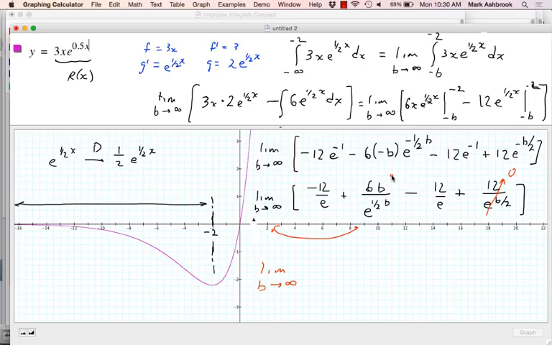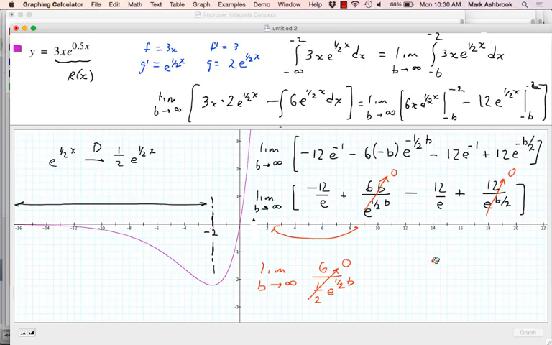So what is that? 6 over 1/2 e to the 1/2 b. And what's that? So now as b gets really, really big, just like this one now, that goes to 0. Therefore, it's the same as this one. So this one goes to 0.